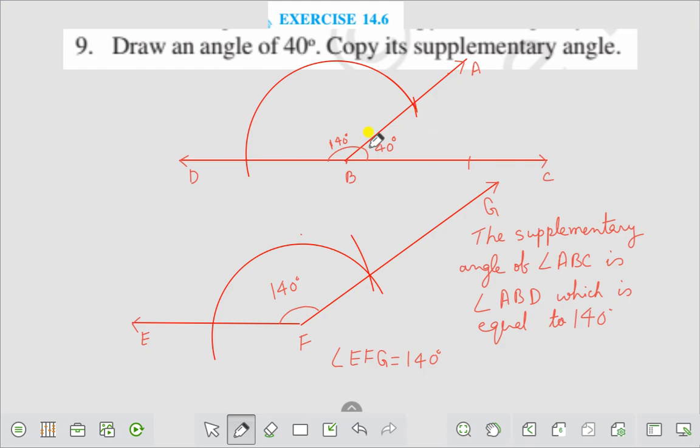Here we have made an angle of 40 degree, and its supplementary angle is 140 degree, because 140 plus 40 is 180 degree, right? Therefore the supplementary angle of angle ABC is angle ABD, which is equal to 140 degree. That means you have to make an angle of 140 degree, with the help of protractor, compass and ruler, right? This is a copy of the supplementary angle. Therefore angle EFG is equal to 140 degree.